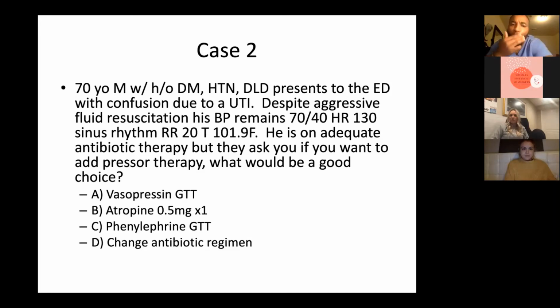So they already told us that this patient has a UTI, obviously in septic shock due to the infection. Why it's important when your heart rate is very high, like 130, right? The problem we face in medicine is that with a high heart rate like that, you want to understand what is causing the heart rate to be like that.